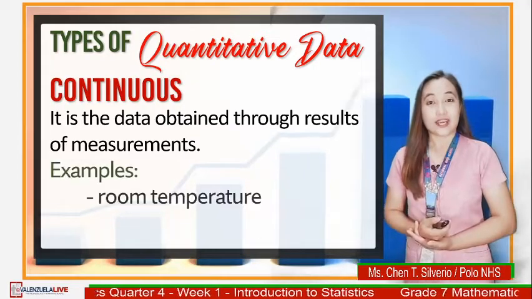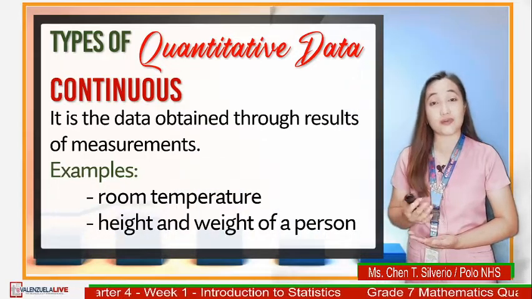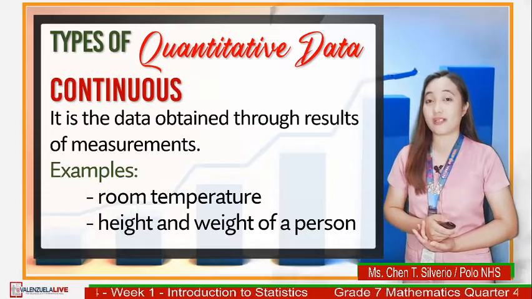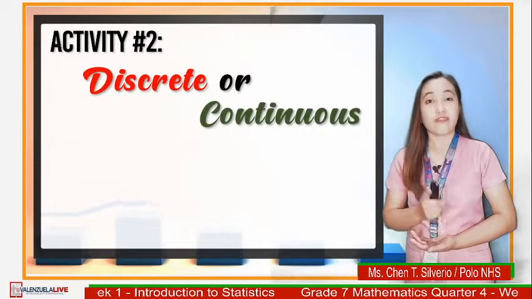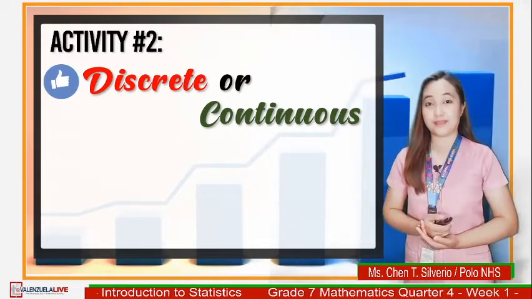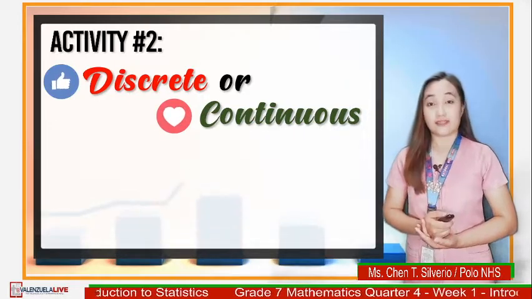Now, let us try to identify if the given data is discrete or continuous. Hit the like react button if the given is discrete and click the love react button if it is continuous. Let's begin. The first one, the weight of a newborn child.